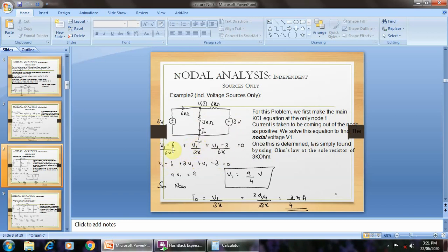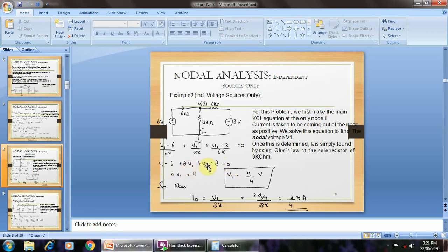Therefore (V1 minus 6) upon 6 plus 2V1 upon 6 kilo ohm plus (V1 minus 3) is equal to 0. Multiplying by the 6 kilo ohm, we get V1 minus 6 plus 2V1 plus V1 minus 3 equal to 0.